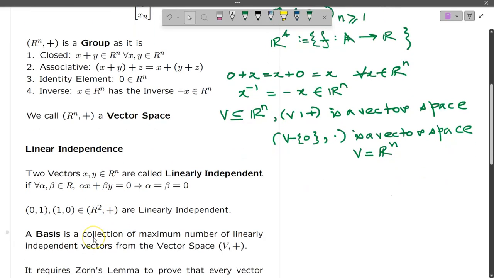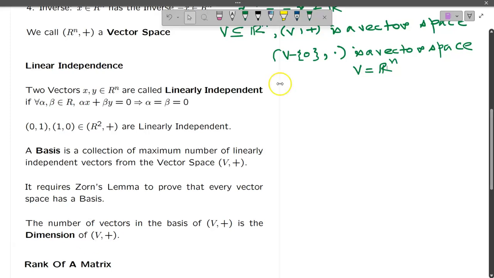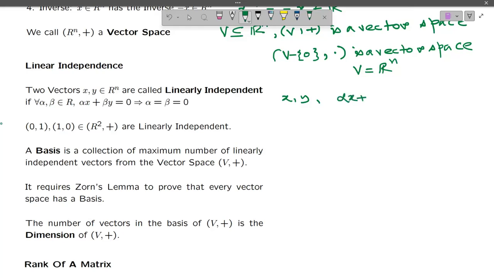Now let me talk about linear independence of two vectors. Two vectors x and y are called linearly independent if for all alpha, beta in the real line R, alpha x plus beta y equal to 0 implies alpha equal to beta equal to 0. So alpha x plus beta y cannot be 0 if either of alpha and beta is not 0.